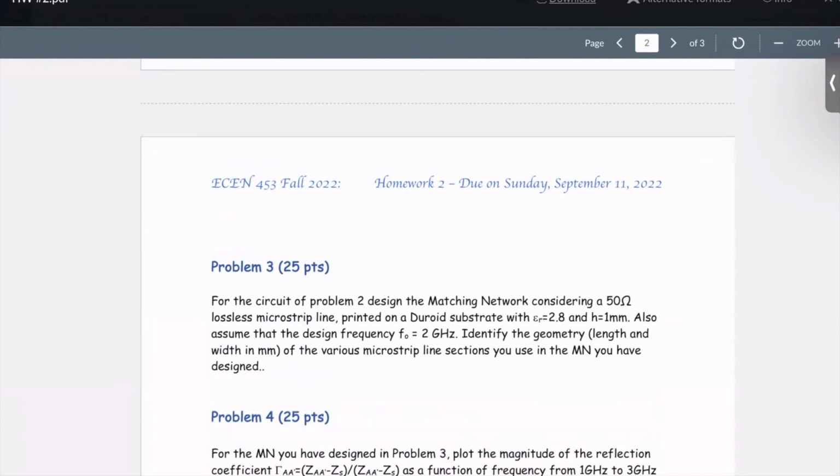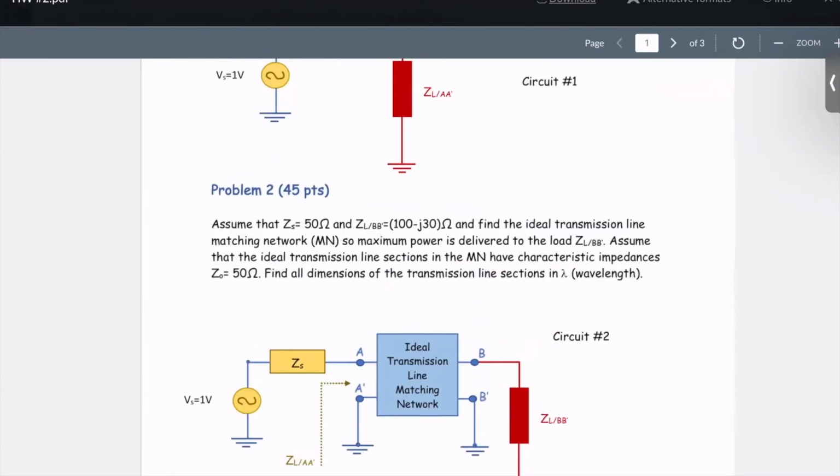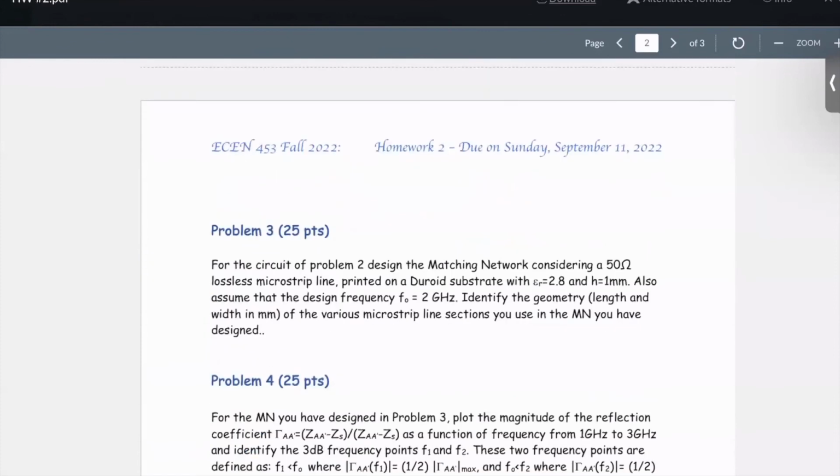But isn't it that you just basically choose whichever one you want, because it's a design problem, it's very open? No, the moment you know your Z naught and the other parameters, I gave you epsilon, I gave you H, and I gave you the design frequency, and I gave you 50 ohms.